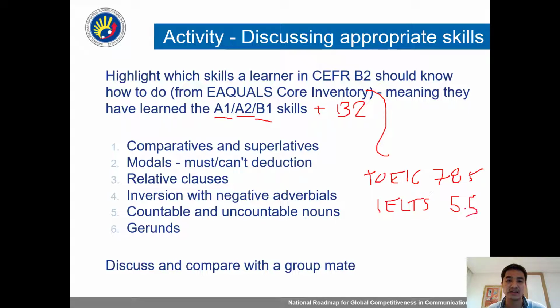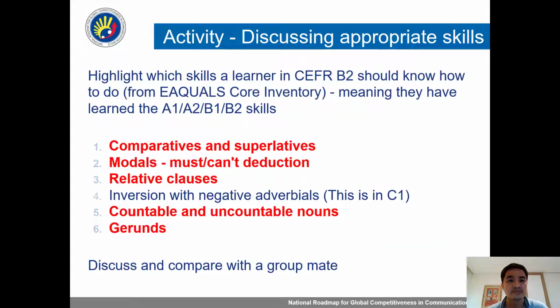And this would be a TOEFL 87. So if they have any of these scores and they're coming into your class, you can tell them, these are the things you should know and be able to do. So pause here, and then we're going to go over the answers.